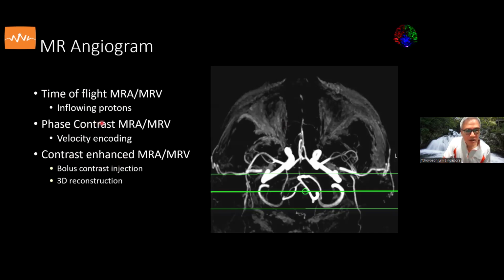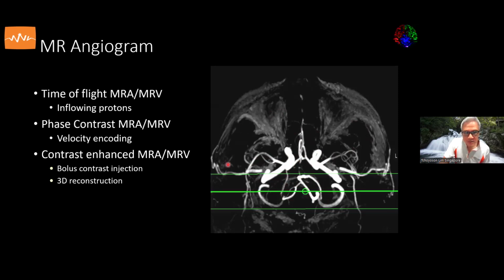They have their own advantages and drawbacks, but they all produce the vascular structures. Here we can see the circle of Willis with the internal carotid arteries, middle cerebral arteries, anterior cerebral arteries, the vertebral arteries joining to form the basilar artery, and then the posterior cerebral artery on both sides. Here you can see the depiction of the posterior communicating artery on the right side.